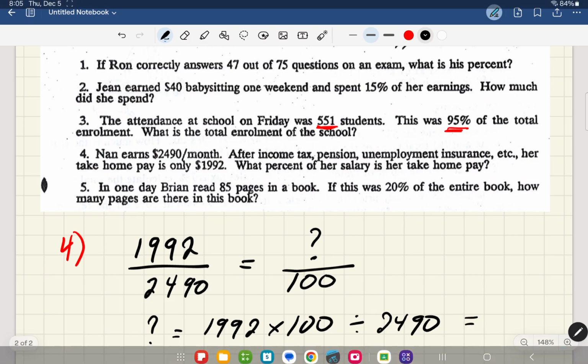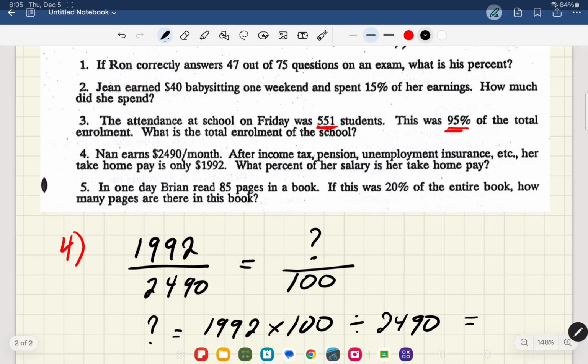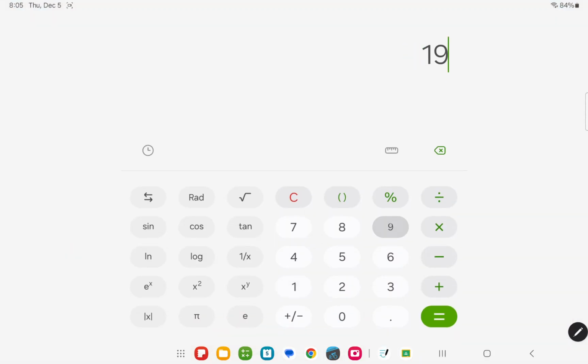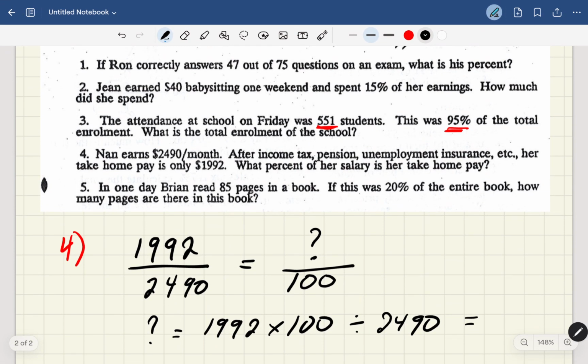Here's my calculator. 1992 times 100, just add two zeros, equals, divided by 2490, 80%. I guessed right. So she takes home 80% of her pay. The rest is taxes and stuff.